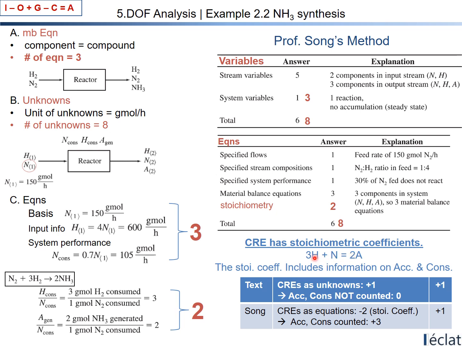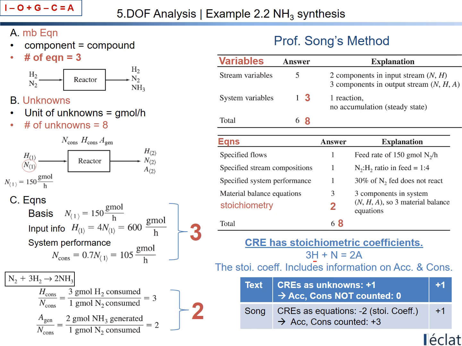If you have n entities in this chemical reaction equation, then you would have n minus 1 stoichiometric coefficients as the restriction for the process calculation. So let me write down some more generalized numbers.